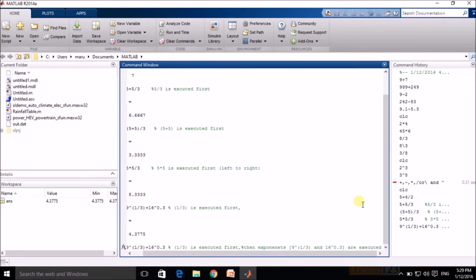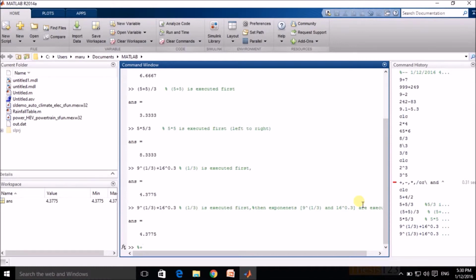First is parentheses, the normal arithmetic operation, then it goes to the exponents, and the third is according to our order of precedence. Here there is no multiplication, therefore it goes to addition. The operation of addition is executed last.